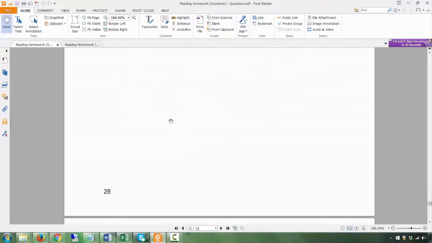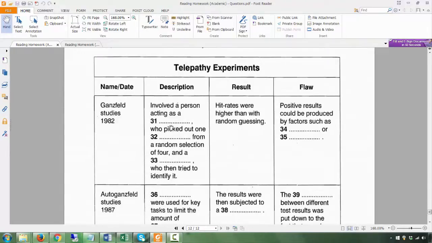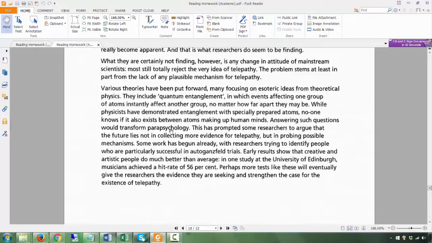Okay, so let's go to this. 31, 32, 33, 34, and 35 relate to the Ganzfeld studies. It's going to be one portion, okay? And pretty much, where's the Ganzfeld studies here?